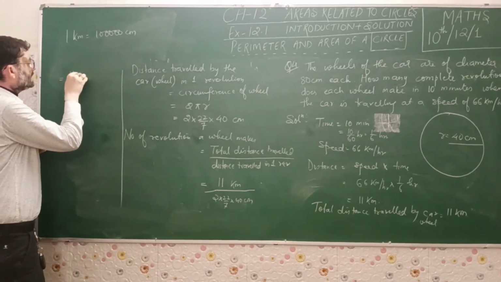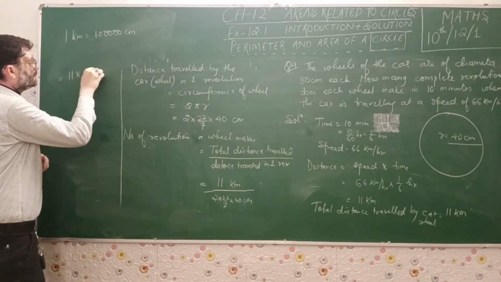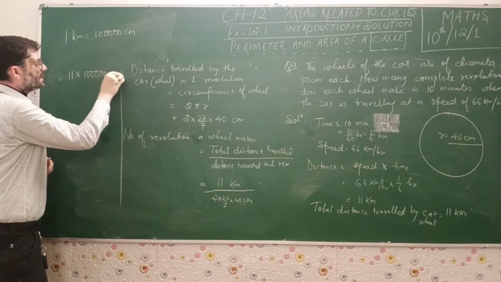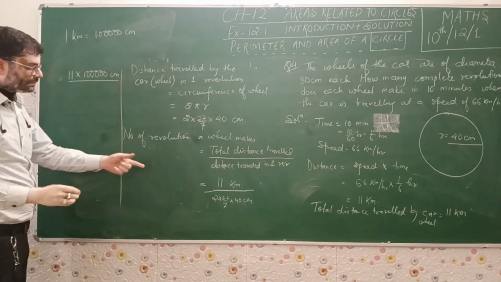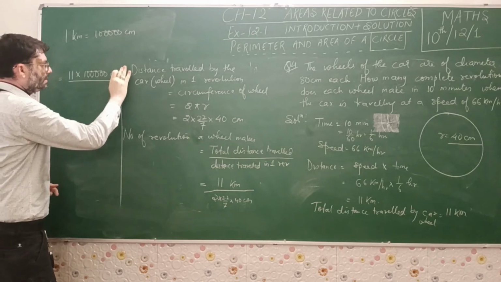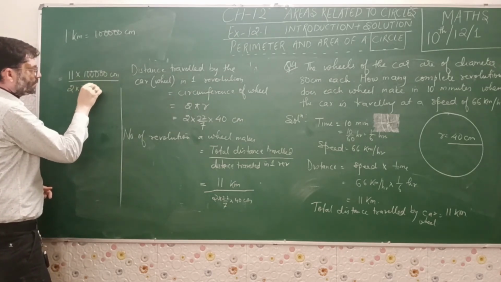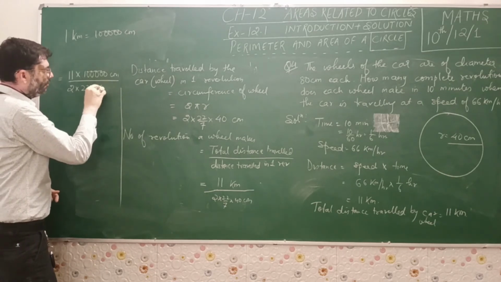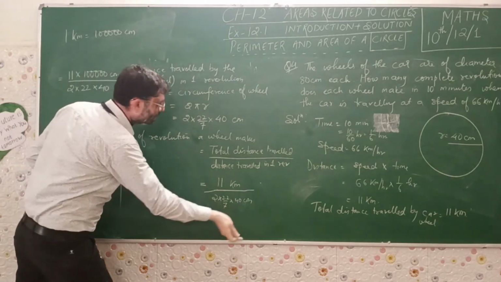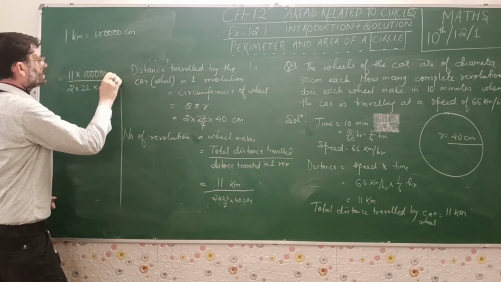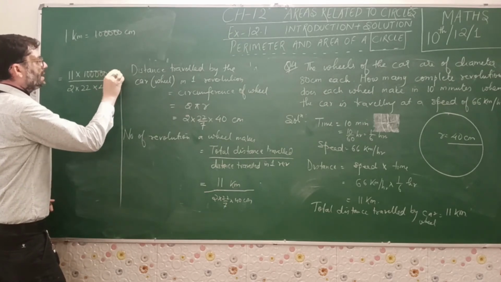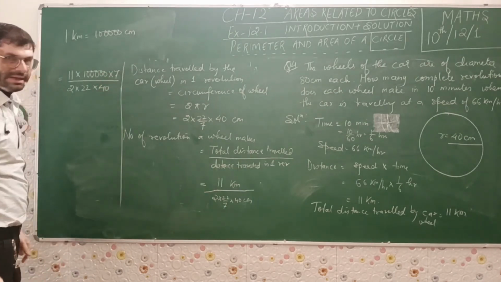11 kilometers means 11 into 1 lakh. Now the total is in centimeters upon 2 into 22 into 40, and this 7 moves up. So you can write in the centimeter part for the present time, and this is into 7.